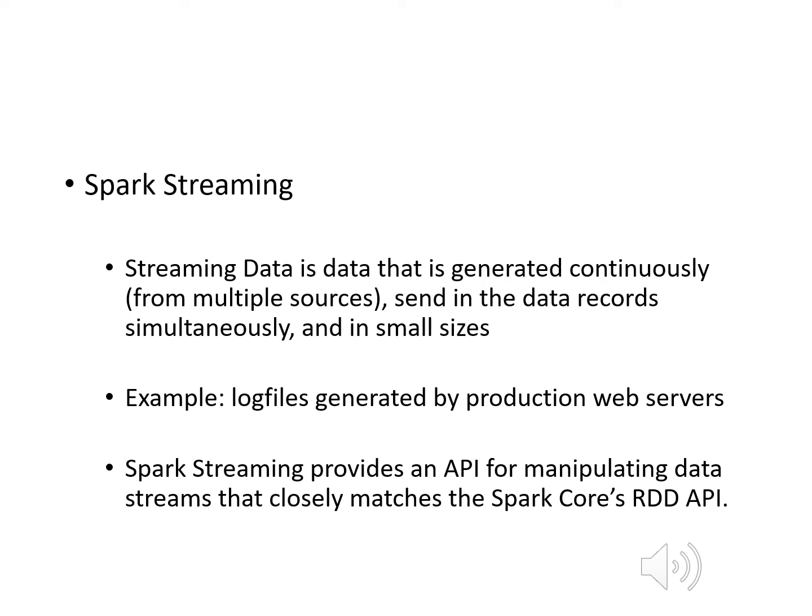Spark Streaming provides an API for manipulating data streams that matches Spark's core RDD API. It makes it easy for programmers to learn the project and move between applications that manipulate data stored in memory, on disk, or arriving in real time.